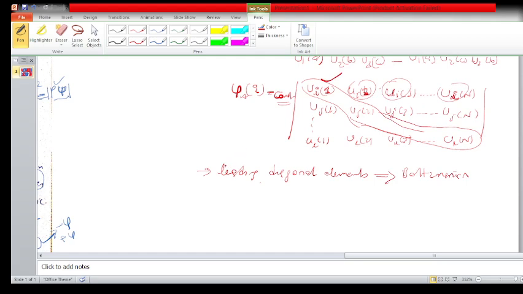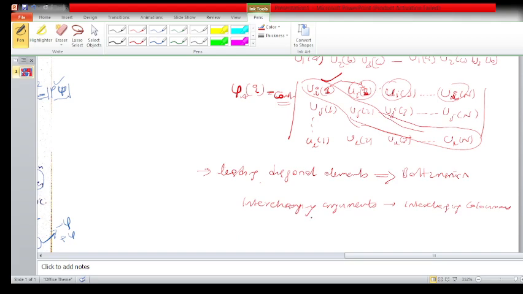If you interchange a pair of these arguments, which means you are interchanging columns, interchanging arguments means interchanging columns.